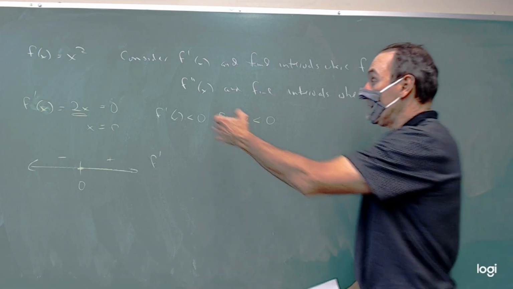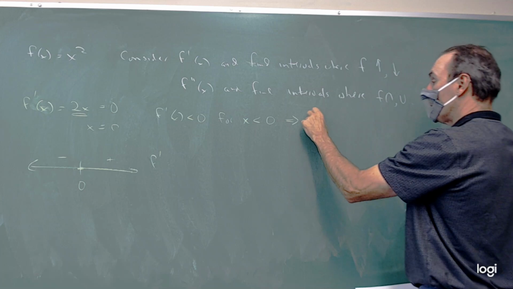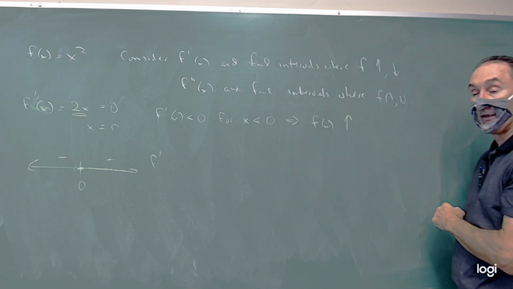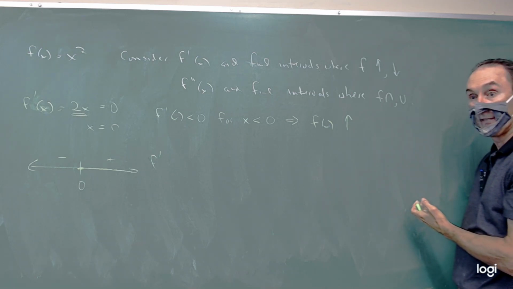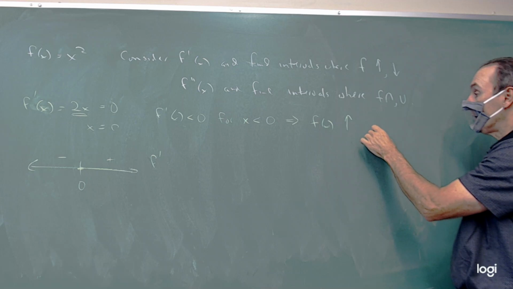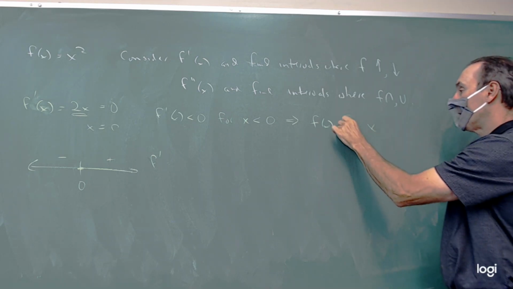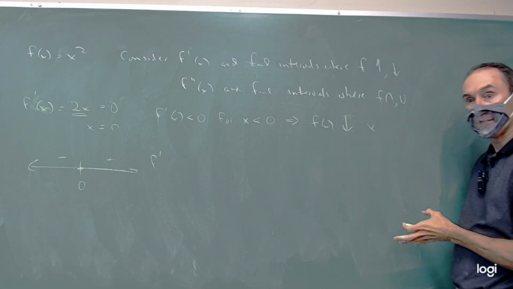Yes, sir. So when the derivative is negative, this means that the original function is increasing. And on increasing and decreasing, we do include the endpoints. So it will increase, negative, sorry. I really messed you up. The derivative is negative.